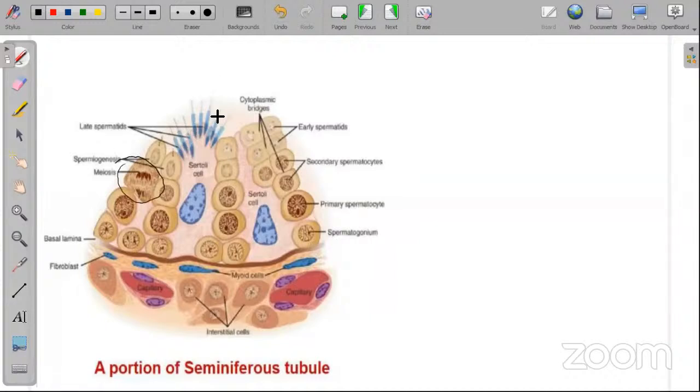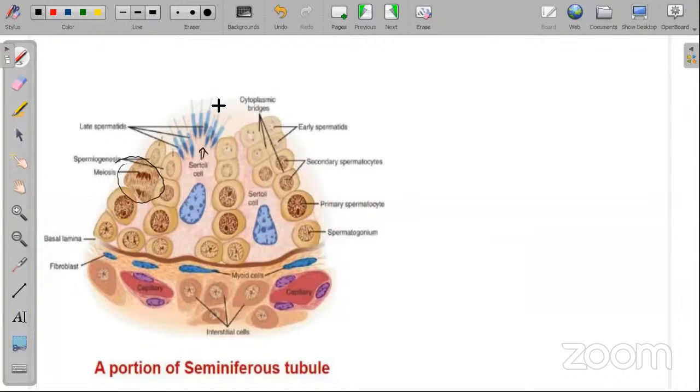This is the spermatozoa. Late spermatid means spermatozoa actually, but this spermatozoa is not completely matured, and the Sertoli cell provides nutrition to this late spermatid. That's why the Sertoli cell is known as the nurse cell. I am asking you a question: why is the Sertoli cell called the nurse cell?